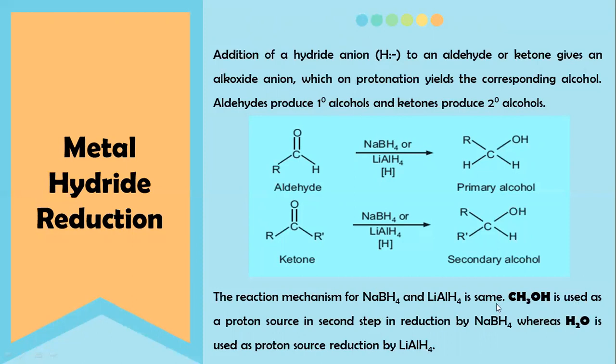Remember, methanol, CH3OH, is used as a proton source in the second step in reduction by sodium borohydride, whereas water, H2O, is used as a proton source when reduction is carried out by lithium aluminium hydride. So now we will see the reaction mechanism.